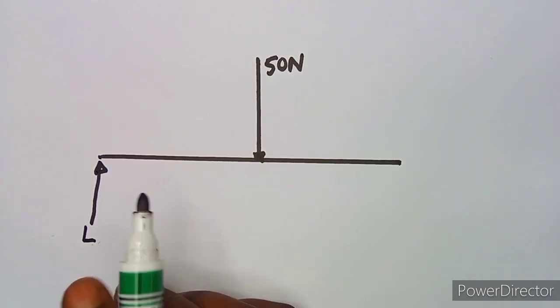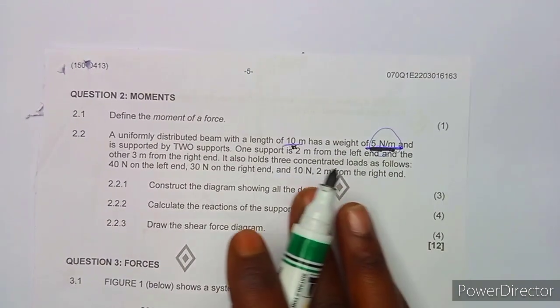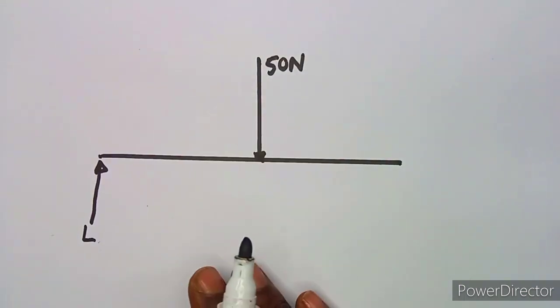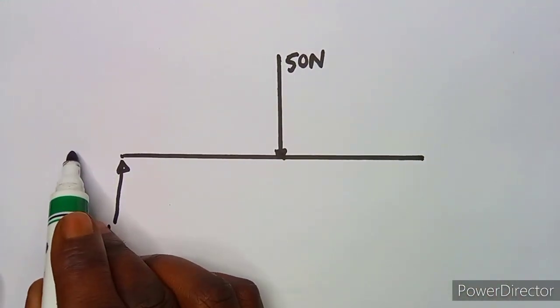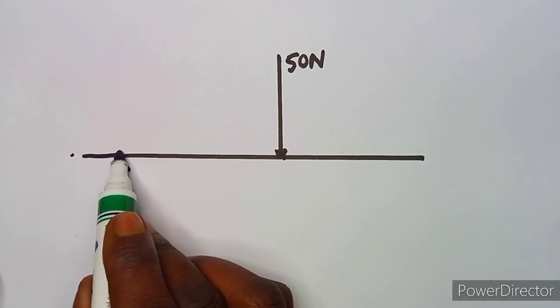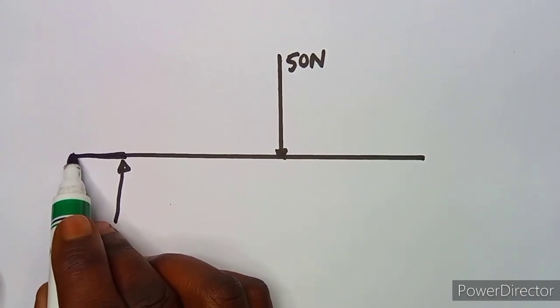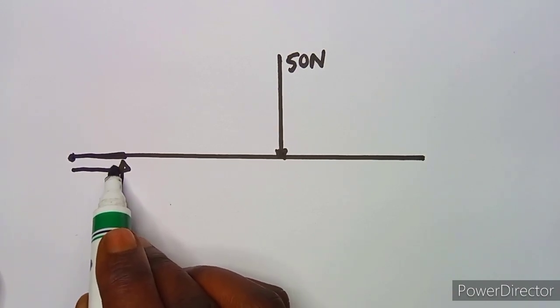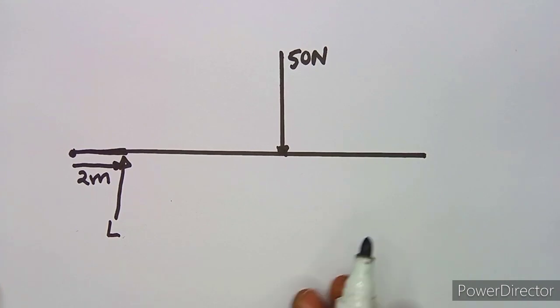So this is on the left, 2 meters from the left end. This issue of writing while speaking at the same time is affecting me, so it's supposed to be something like this. Sorry for this. So this is your left end, and in between here we have 2 meters.